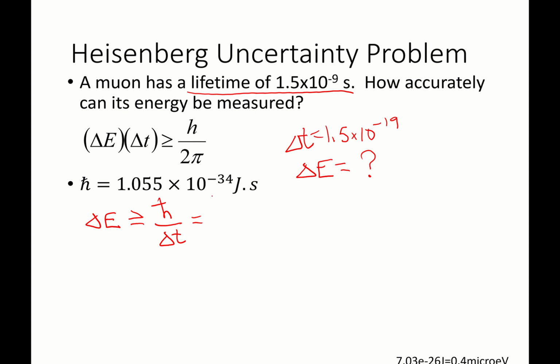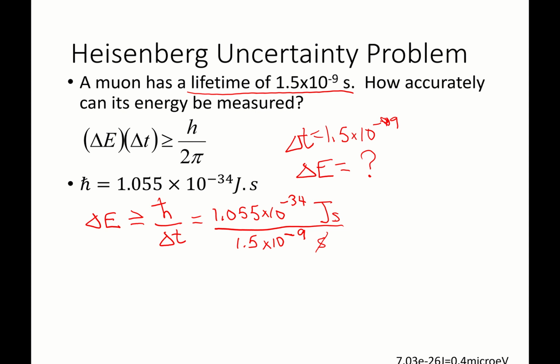So h bar is 1.055 times 10 to the minus 34 joule seconds divided by the time, 1.5 times 10 to the minus 9. I wrote down 10 to the minus 19, but it should be 10 to the minus 9 seconds.